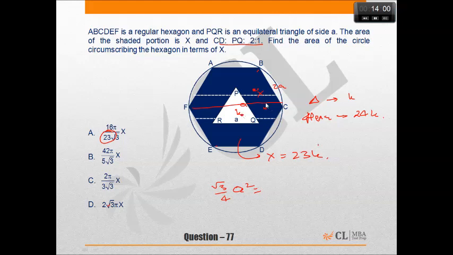This is 23K. So K is equal to x by 23. 23 by root 3 has to be a part of my answer, which is the only choice.